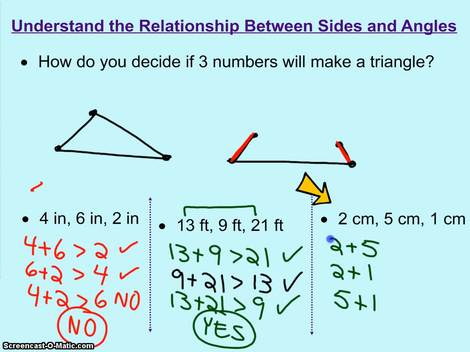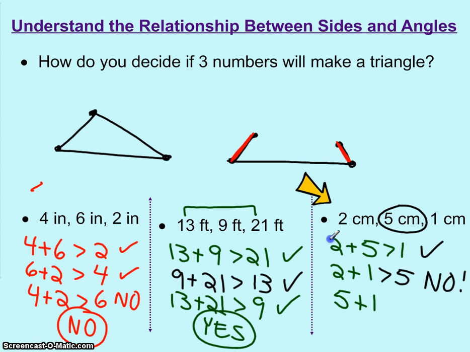Well, 2 plus 5, the remaining side is 1. Is 2 plus 5 greater than 1? Yes, that works. With 2 and 1, my remaining side is 5. Is 2 plus 1 greater than 5? No. As soon as I have a no, I don't really need to go any farther.